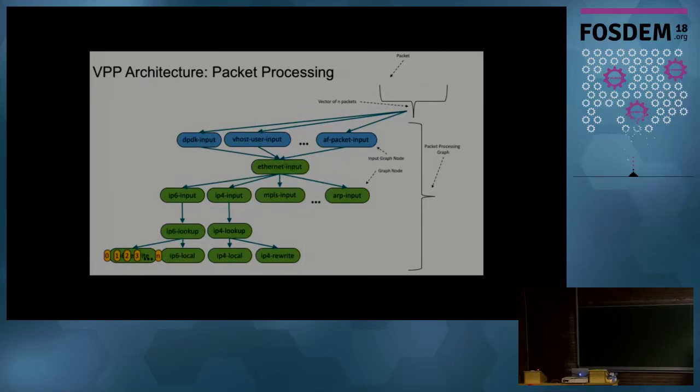When VPP is very active, or when there are a lot of packets to be processed, we'll have long vectors. The size of vectors is typically between 1 and 256. If you have a vector size of 256, that means your CPU is under high pressure. If you have small vectors, it means your CPU is doing nothing.